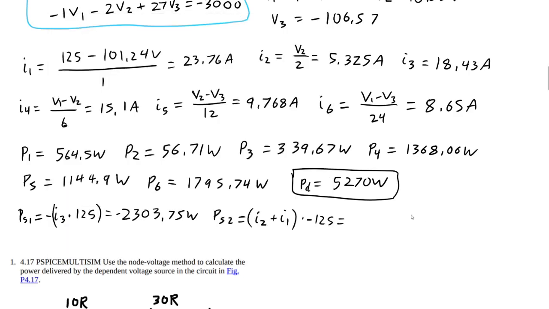Yeah, I did make a mistake. I shouldn't include I2 because it's flowing towards the common return path, which is ground, so it's technically not supplying any power. Anyway, I1 times 125. So I1 is 23.76 times 125, 2970.